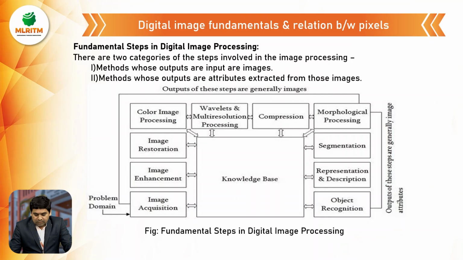In these steps, from image acquisition to morphological processing, the input is an image and the output is also an image. In these seven steps, given an input image, we get an output image; before processing it is an image and after processing it is also an image.